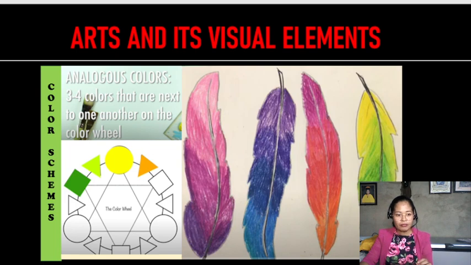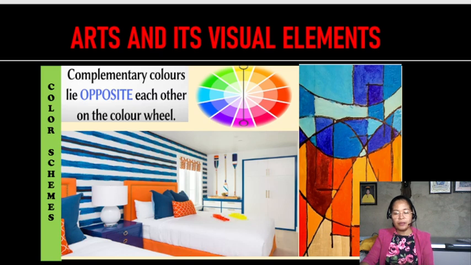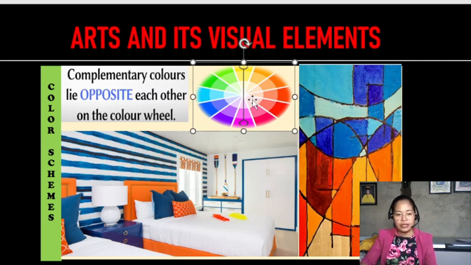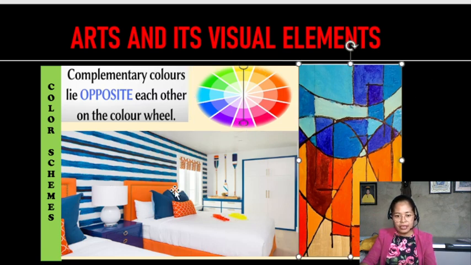Okay? Now we go to the complementary. Complementary colors lie opposite each other on the color wheel. Okay, please observe this one. So this is complementary color, the violet and the yellow. As you can see here in our example, that is complementary colors.